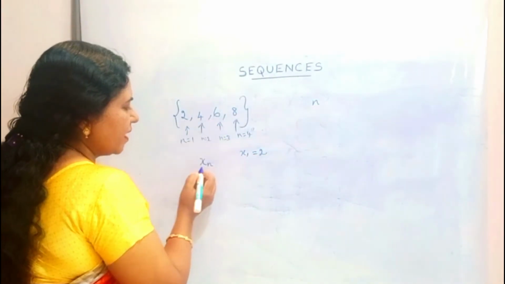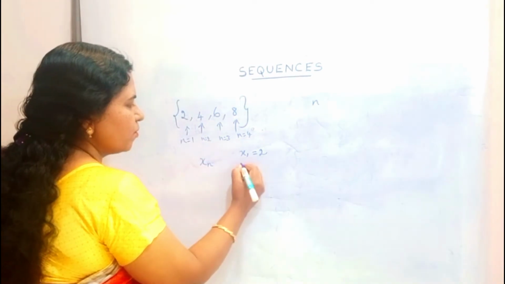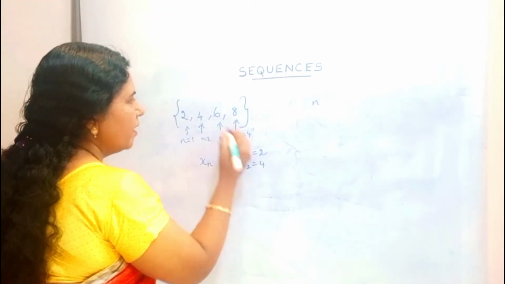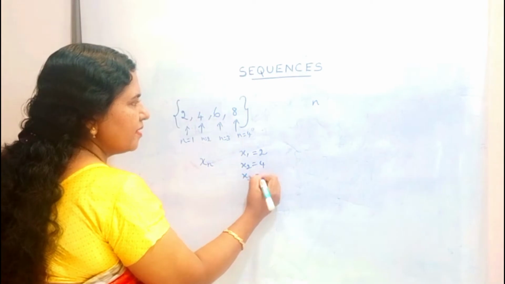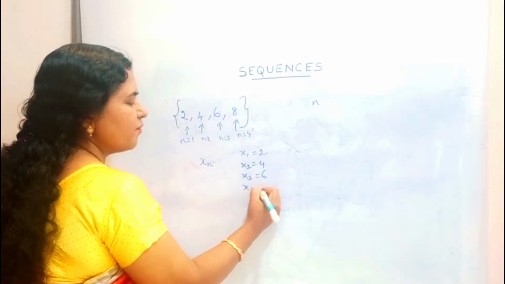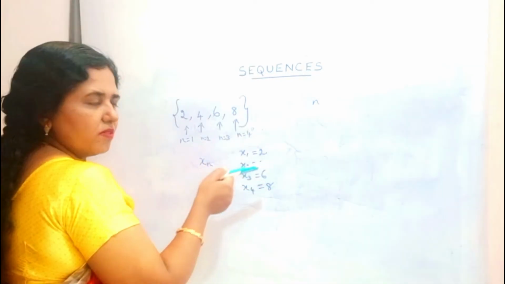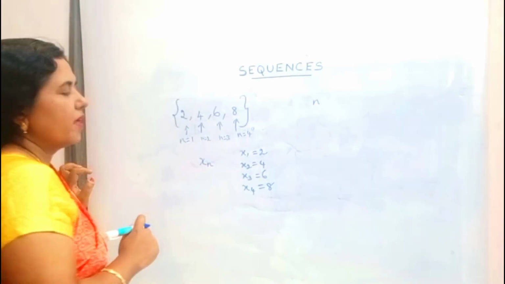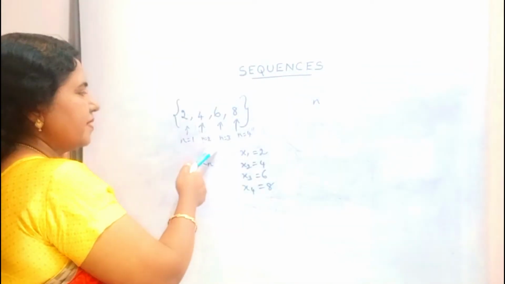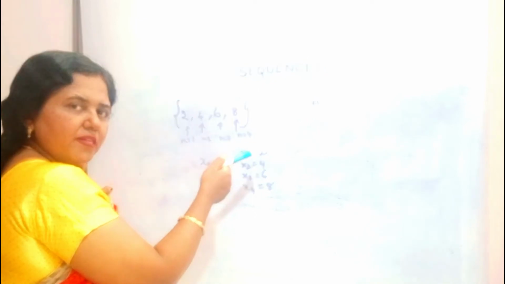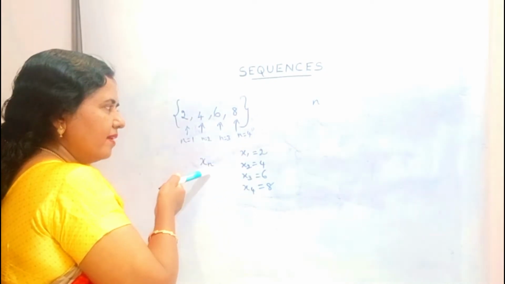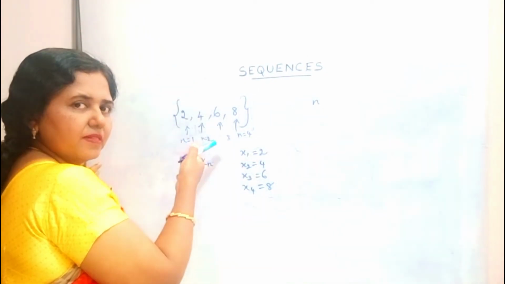Coming to the second term, n is equal to 2, so x2 is equal to 4. Similarly, for the third, x3 is equal to 6. And for the fourth, x4 is equal to 8. So these are the terms. Now this n represents the position of the terms, and this xn represents the terms present in the sequence.